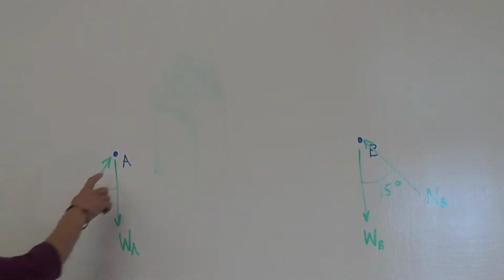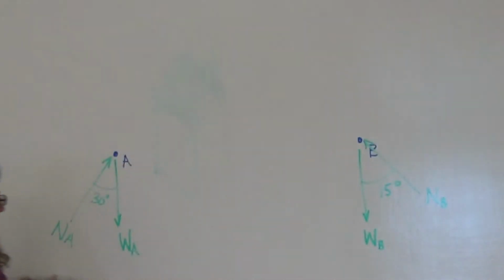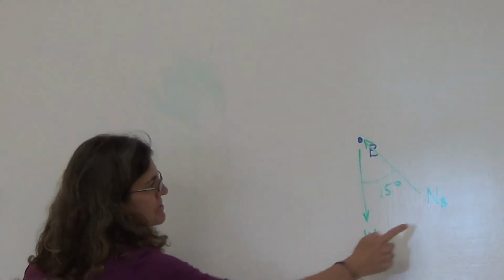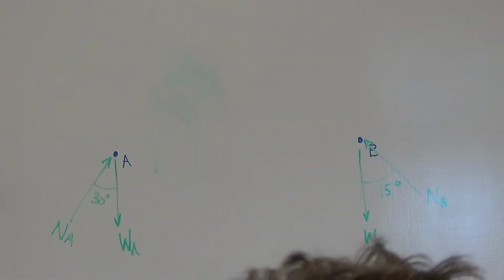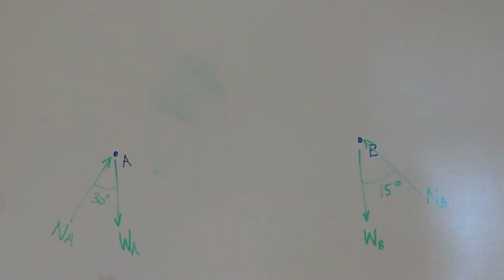I drew body A, I drew body B, I drew the weights going down for both of them, I drew the normals from the surface. And what do I have left to draw? The normal between the two, right?